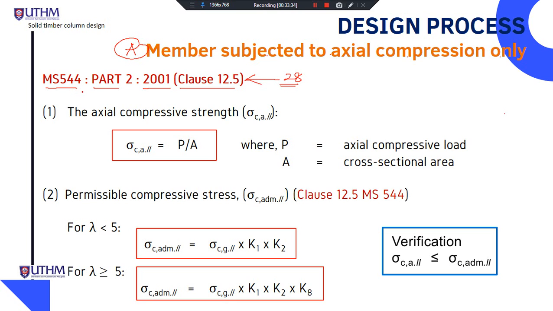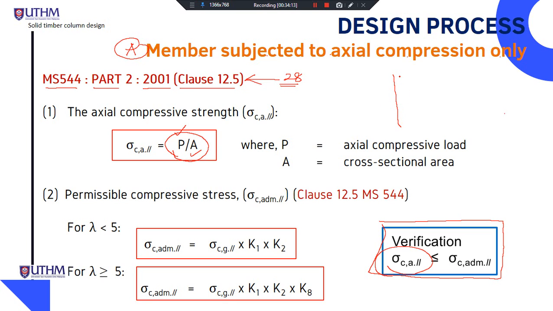Under this checking, we need to verify that the applied compressive stress is less than or equal to the permissible axial compressive stress. The applied axial compressive stress is calculated using this formula: the axial compressive load divided by the cross-sectional area.